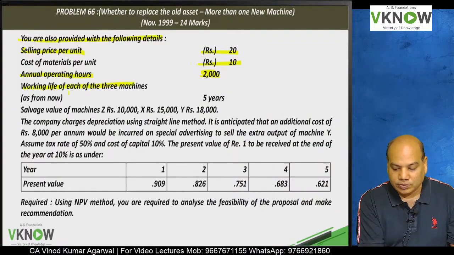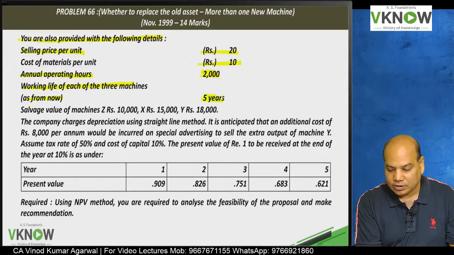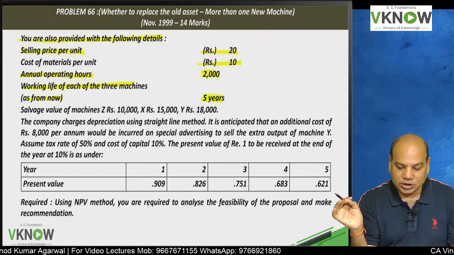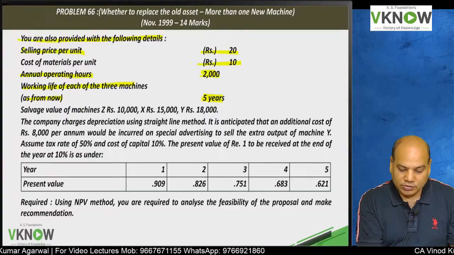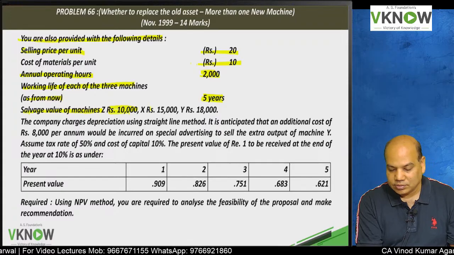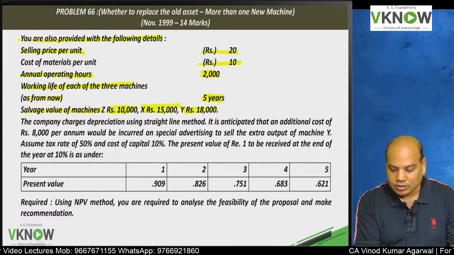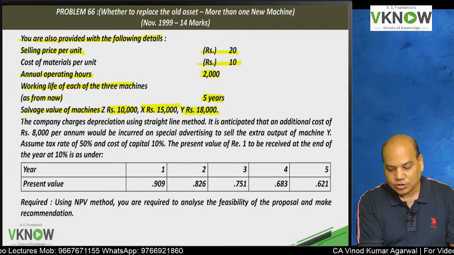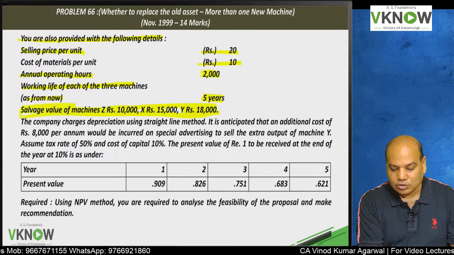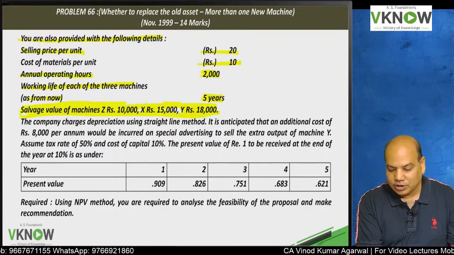Working life of each of the three machines from now is 5 years. So life is equal; I don't have to apply the EAC or EAB method. Salvage value of machine Z is 10,000, X 15,000, Y 18,000. This will be required for depreciation calculation and also NPV calculation.